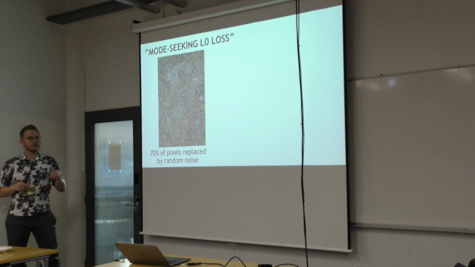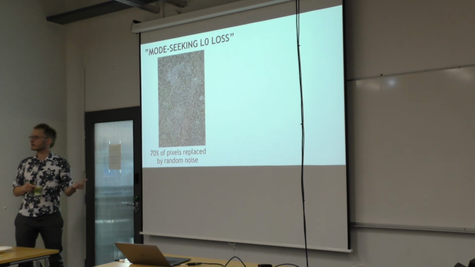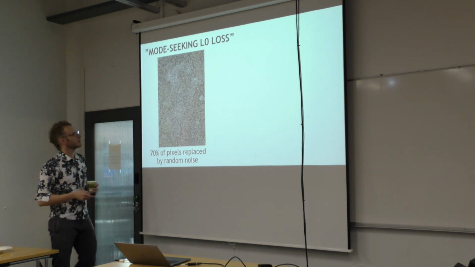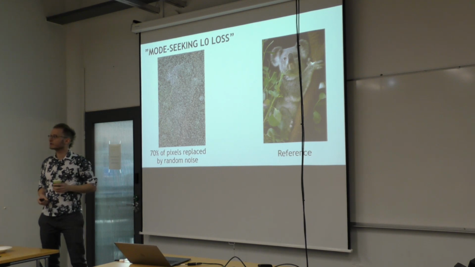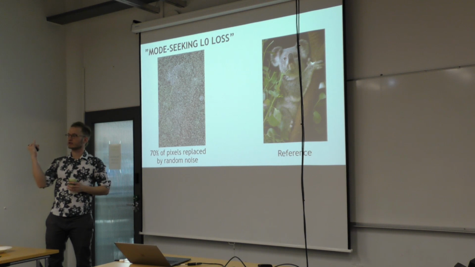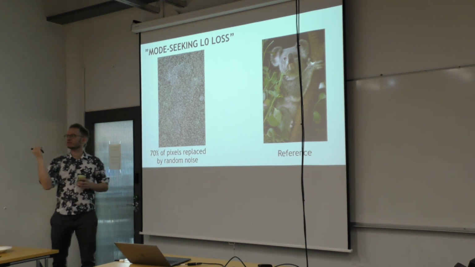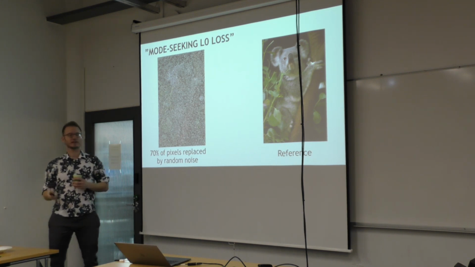And now the mean is not correct. The median is not correct, since 70% of the time each pixel has the wrong value, and it's completely random. But the mode of that distribution, you take a pixel, you look at all the different corrupted versions of it, 30% of the time it will still have the correct value. So the mode of that distribution is the correct answer.